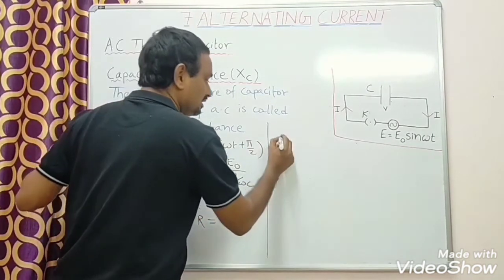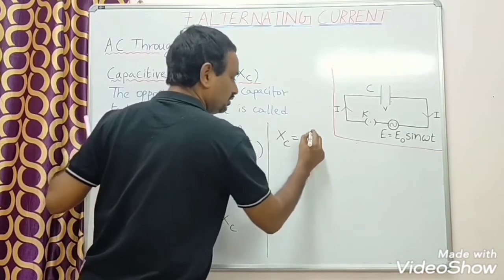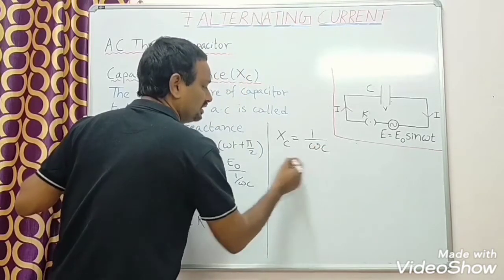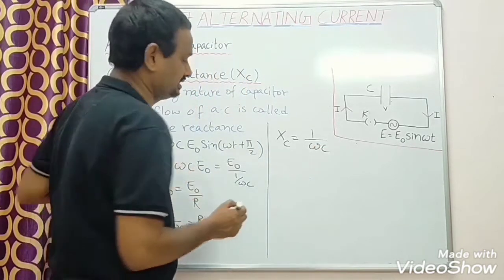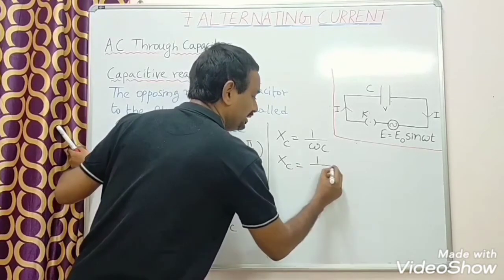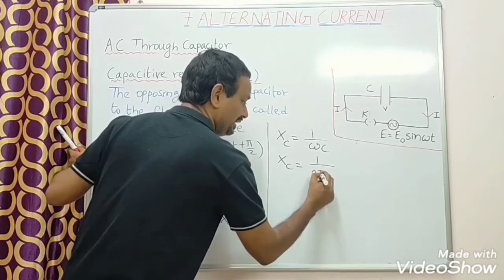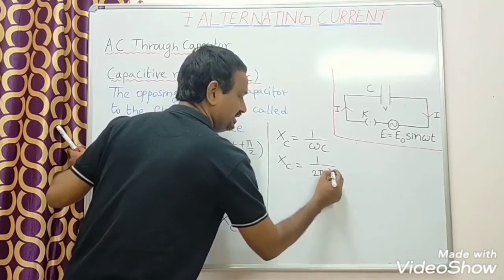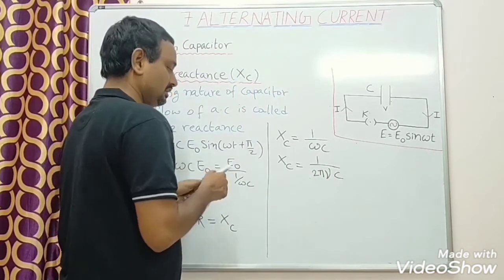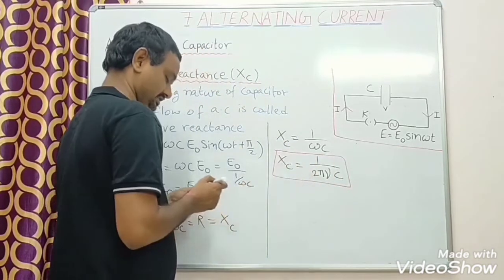I got capacitive reactance XC equal to 1 by omega C. So that I will write in terms of frequency. That is XC equal to 1 by omega, meaning 2 pi frequency, that is nu, into C. So I got capacitive reactance in terms of frequency.